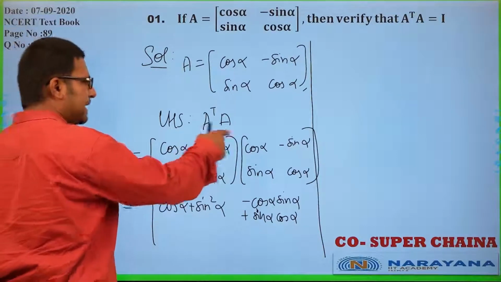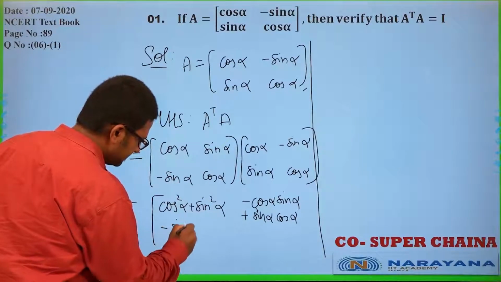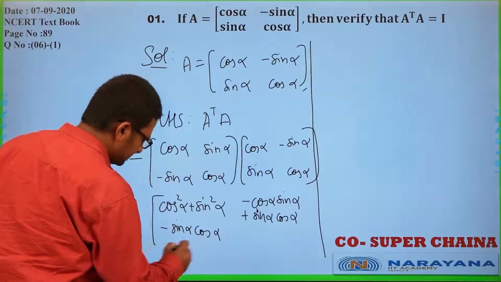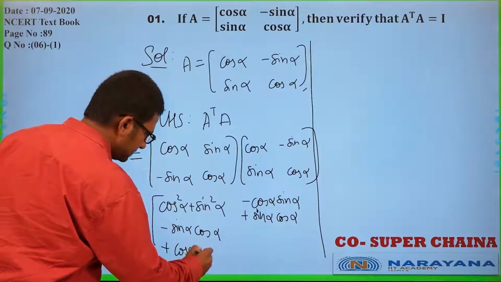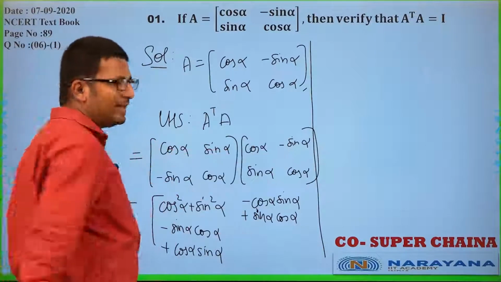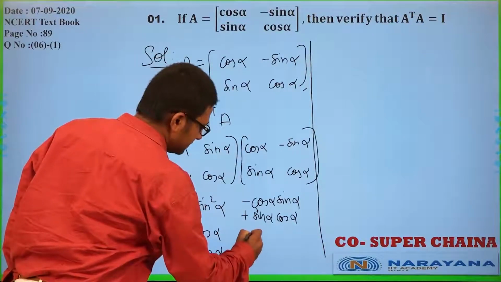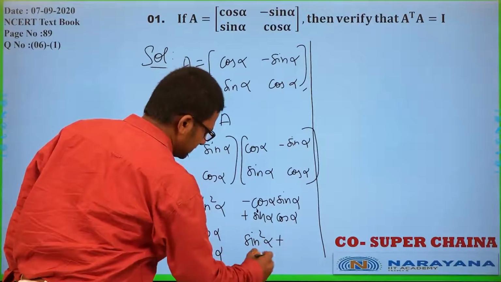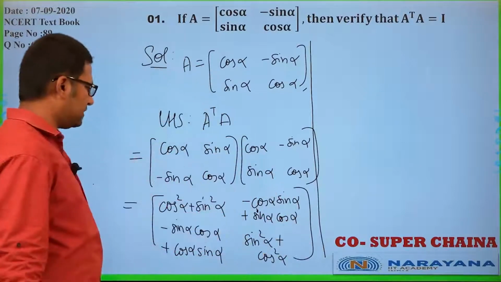Then minus sin alpha cos alpha plus cos alpha sin alpha, and what about the last term? Minus sin alpha into minus sin alpha is sin square alpha plus cos square alpha. Right, so what is now left?